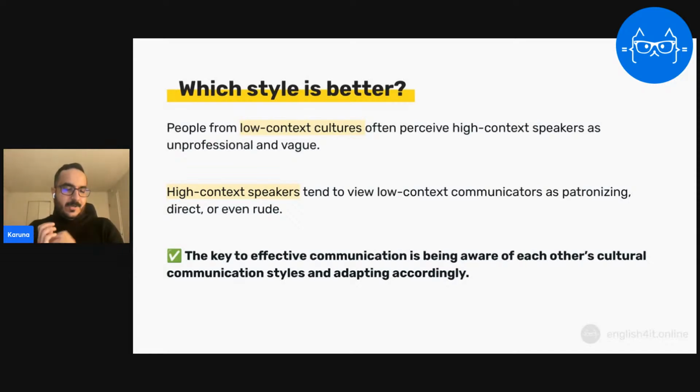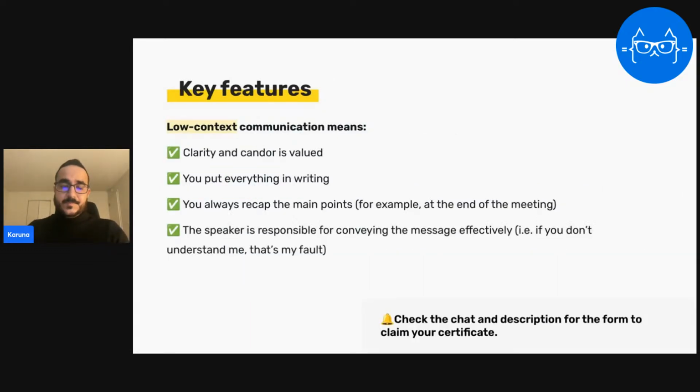Is this a problem? Right? So it isn't a question of whether one style is better. It's a question of how can I adapt and understand the other person, right? And it says there in the slide, the key to effective communication is being aware of this cultural communication style and adapting accordingly, right?